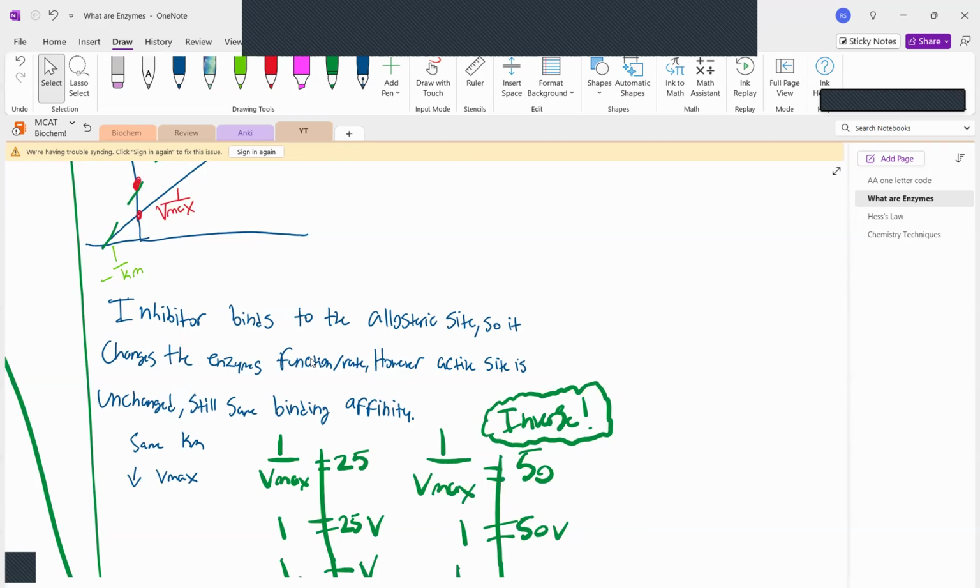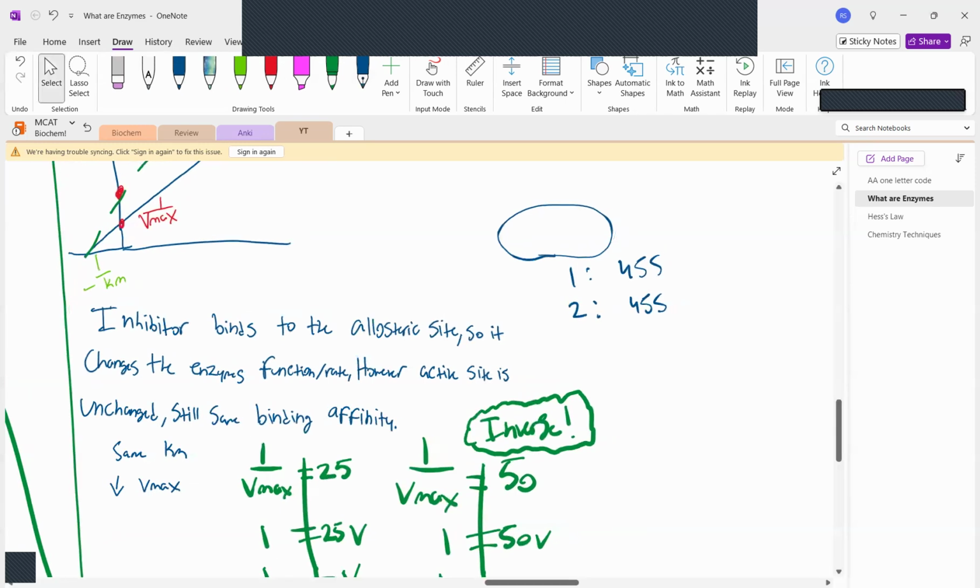Let's say for example you're running around a track, person one and two both have a 45-second first lap. And this would be equivalent to the Km being the same.